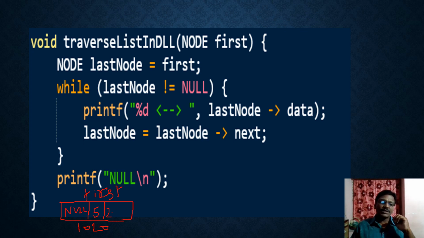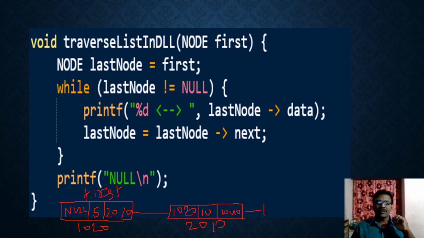The next node address is 2010. For 20, the previous is 10, for example 1020.